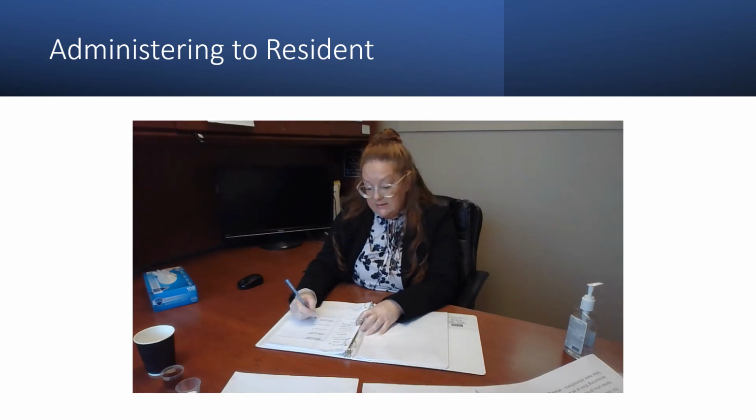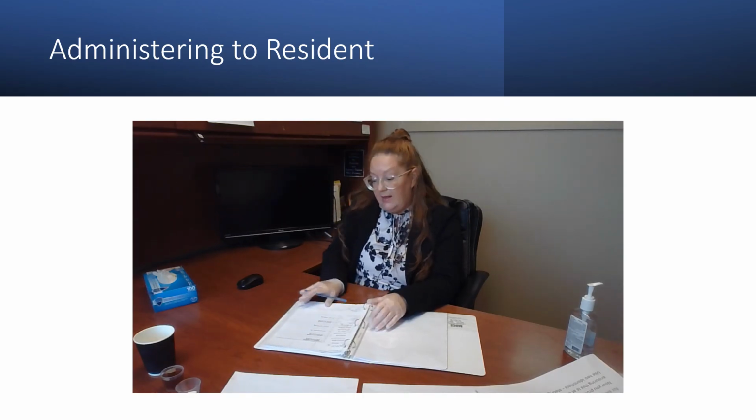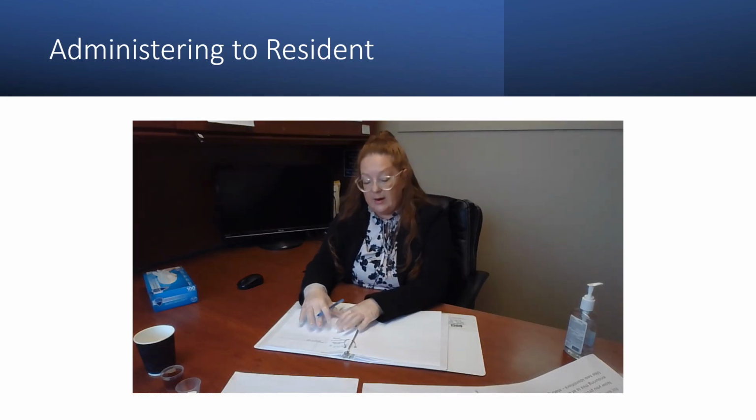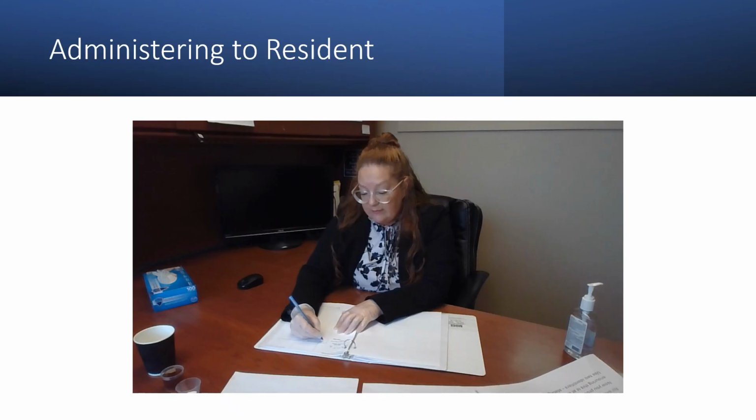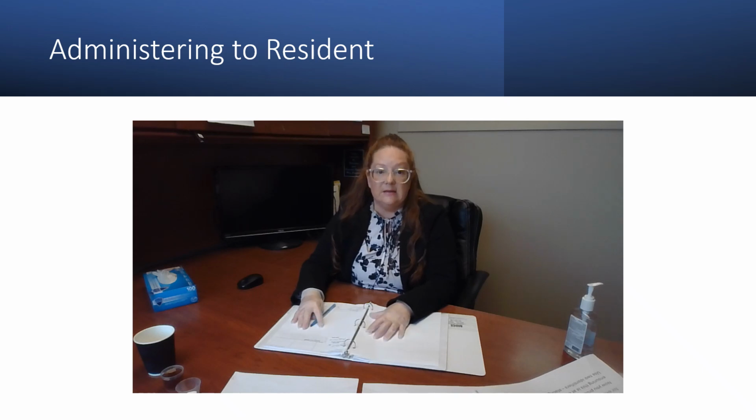You indicate the time that you administered the lactulose, which is 8 a.m., and you initial below, and then you move over to your antibiotic, which you administered at 8 a.m., and you sign off on that. It is important to remember that the right documentation is that you sign your MAR sheets immediately after administering to your resident.